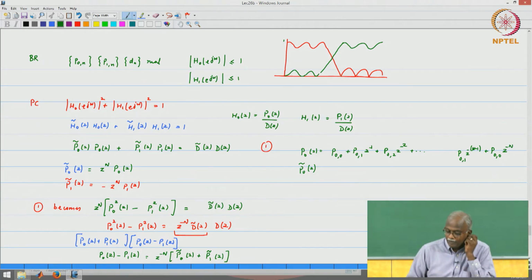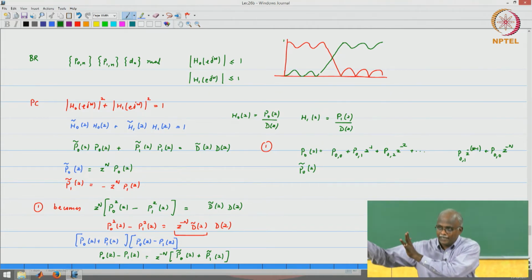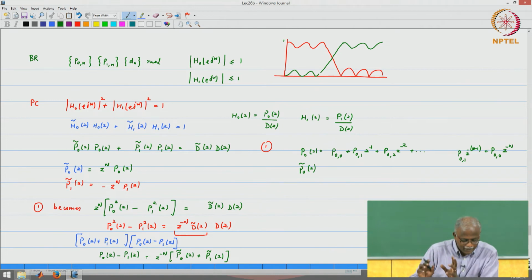So basically P0 plus P1 will capture some set of zeros, and the reciprocal conjugate zeros will get captured by P0 tilde of z plus P1 tilde of z. Now, again this is a very important element, another observation which is useful for us.